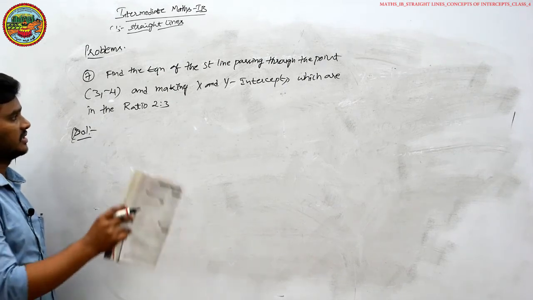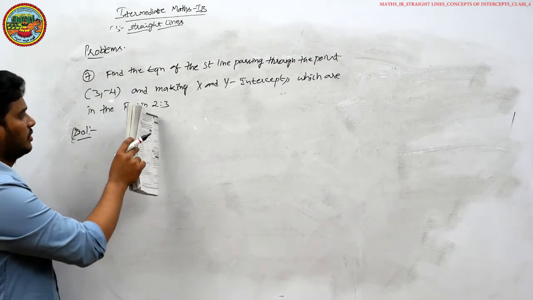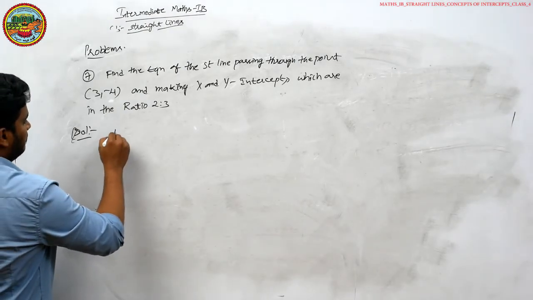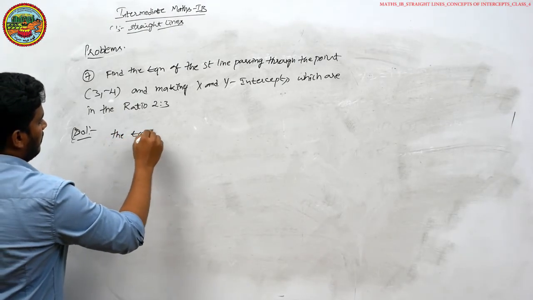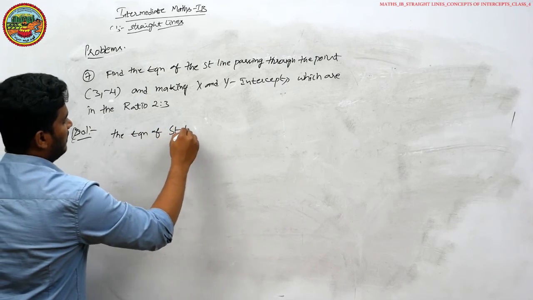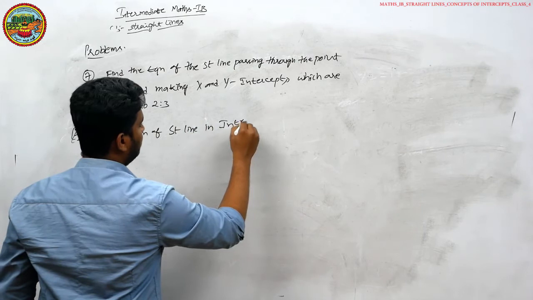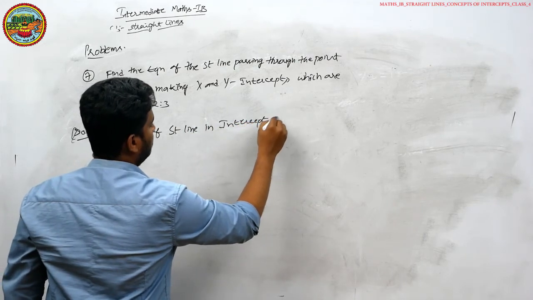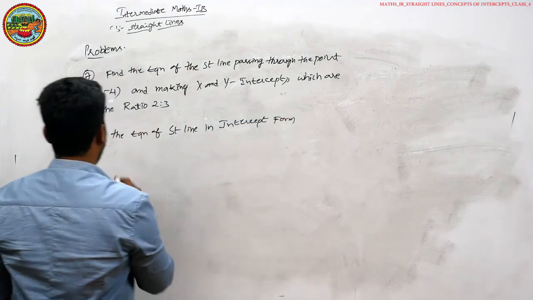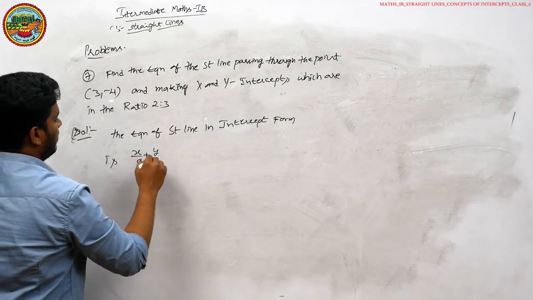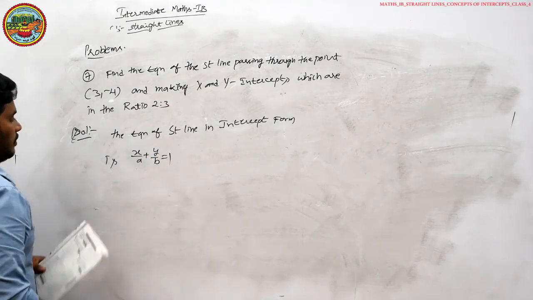Here the x intercept and y intercept are in ratio 2:3. So therefore the equation of straight line in intercept form is x by a plus y by b is equal to 1.